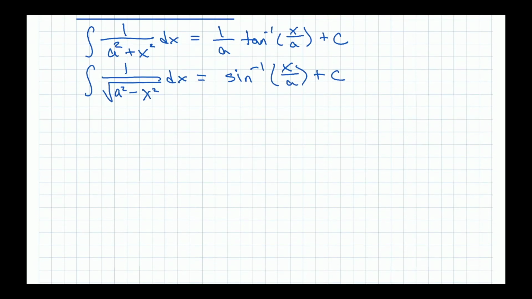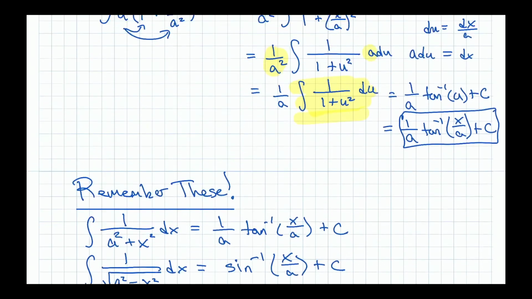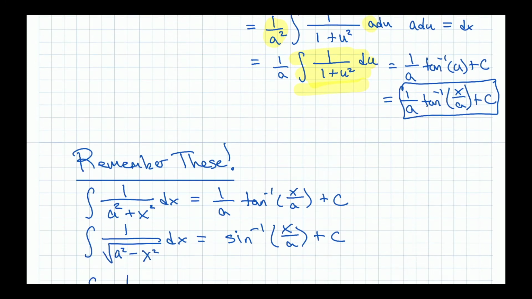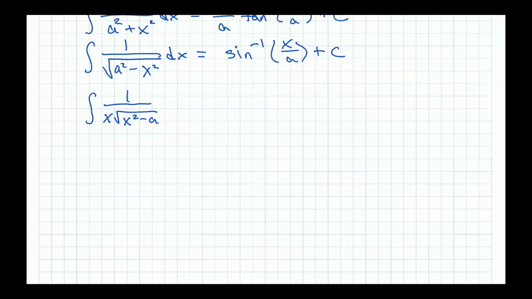The reason for that is, if you redo the steps for sine inverse that we just did for the tangent, when you get to the point where you've got the 1 over a squared and then the a cancels out one of them, it turns out that there was only one to cancel, and so it goes away.